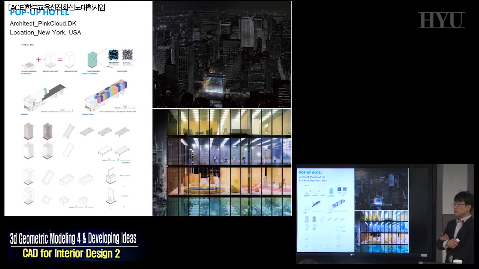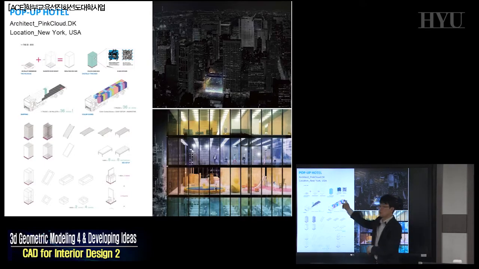Some diagram, infographic, and some composed on top of some existing picture or elevation view, with very realistic rendering and visualization. The concept for this one is module. 36 modules for one container. Each container has its own size, the same size, and some function.